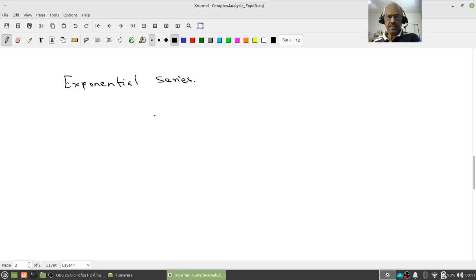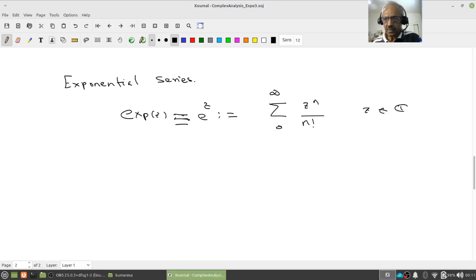It said that if I define exp of z, or simply e to the power z, by definition this is the same as the sum of z to the power n by n factorial, n from 0 to infinity. We know this is convergent for all of C, and this defines a holomorphic function.